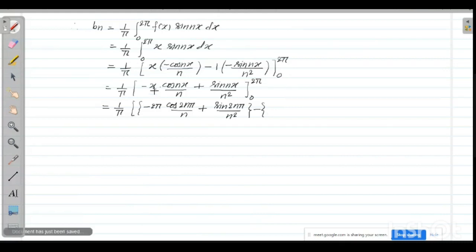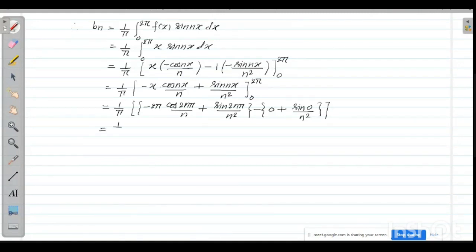So instead of x we put 0, so the whole thing will be 0, and plus sin 0 by n square. Just close the bracket, just solve this.